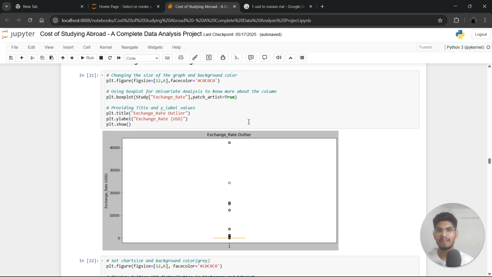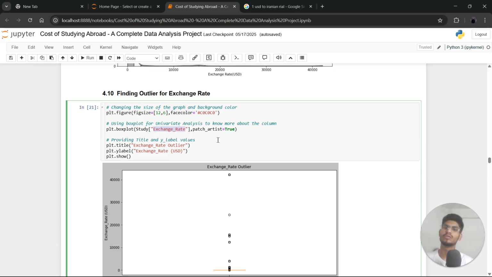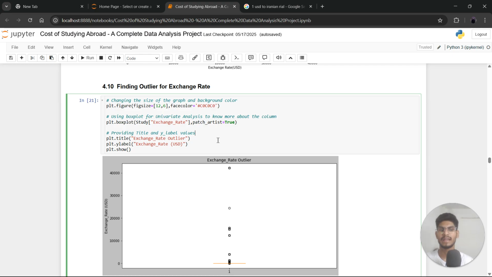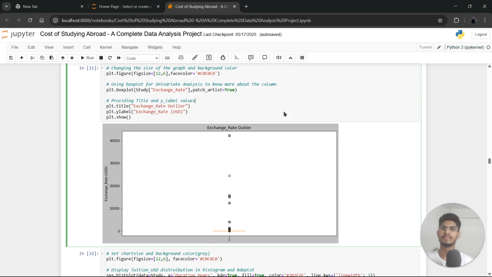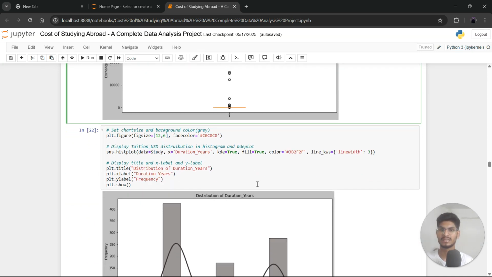We got to know that we have outliers within this column, and we can't do anything. We can't remove them or drop them. We can't replace them. We have to accept the outliers as they are, because that's the fact. That's how we sometimes work with the outliers, or we have to accept the outliers too.